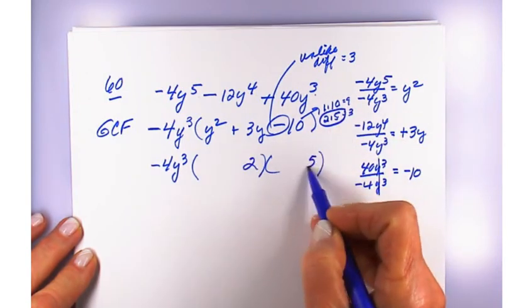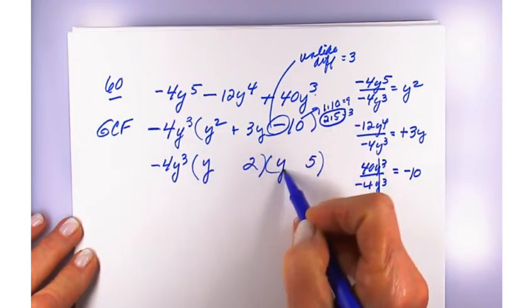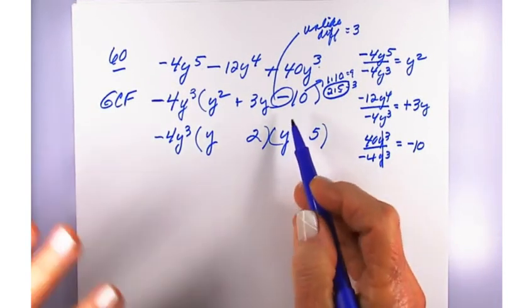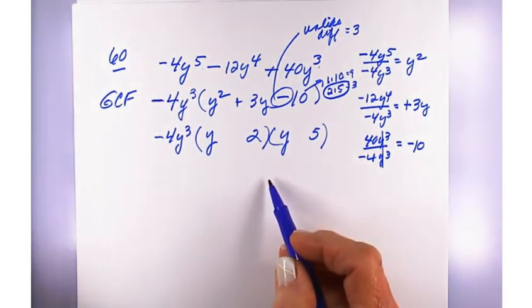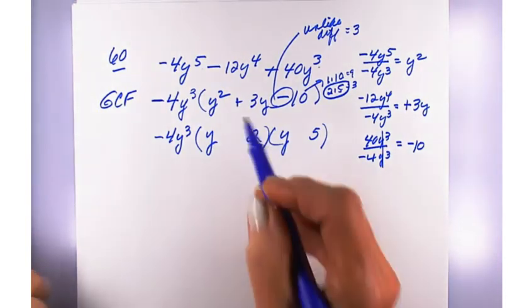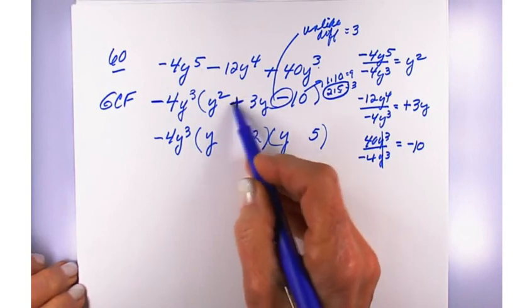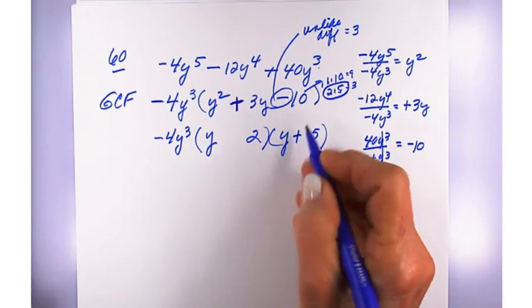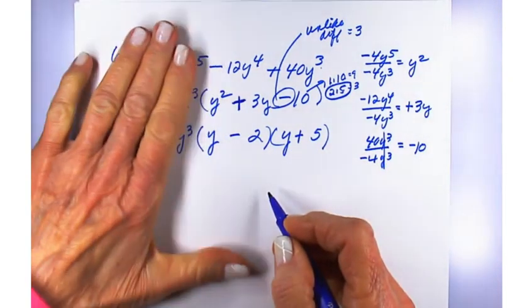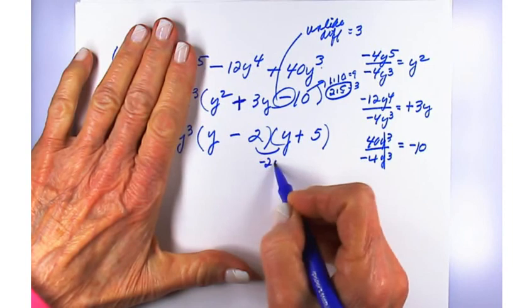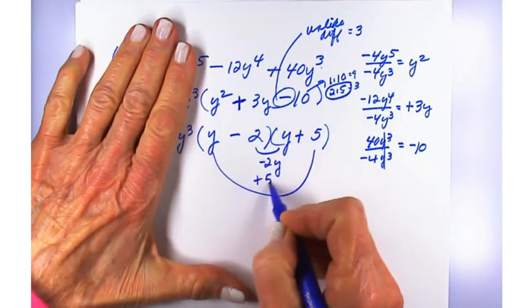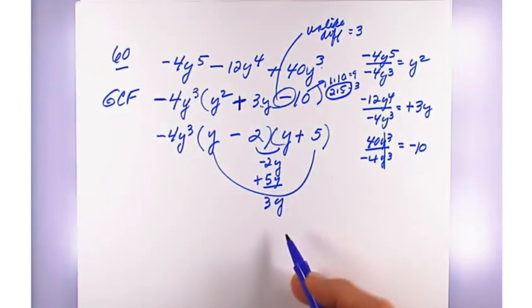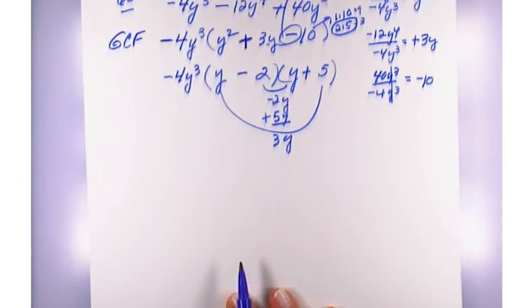We need y and y. So this is an important part. Which one is positive, which one is negative? So I want the middle term positive. The larger number is positive. So the 5 is positive and the 2 is negative. Minus 2y plus 5y is positive 3y, which is what I have here. Okay? So completely factored.